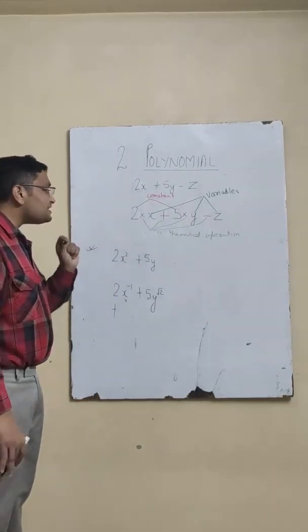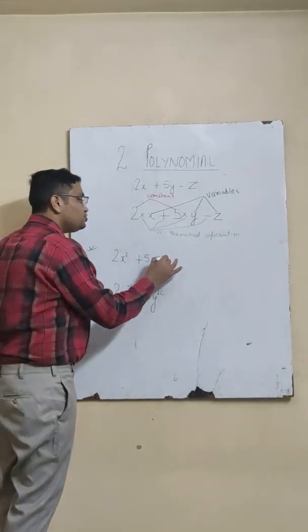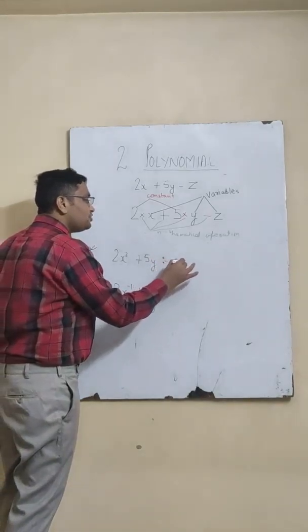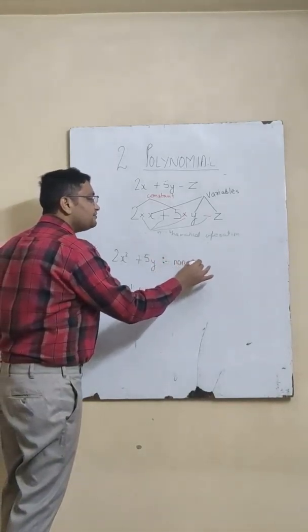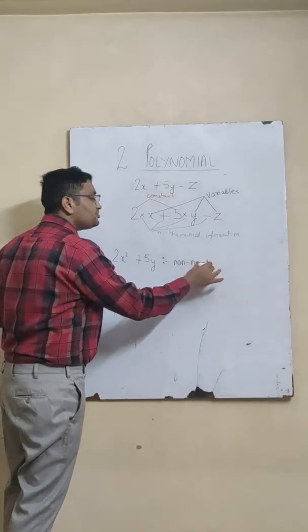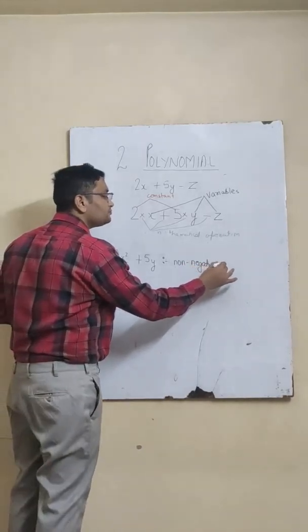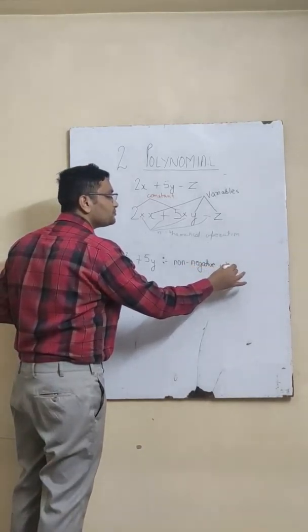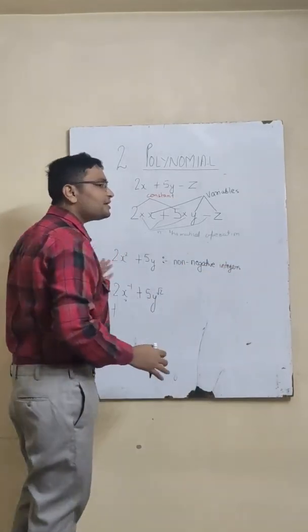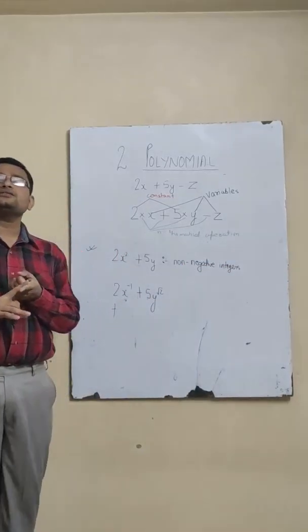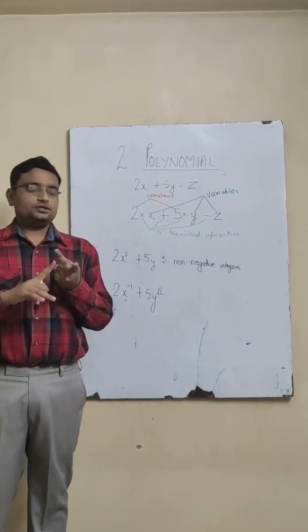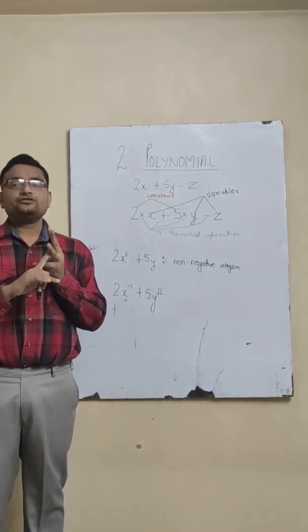If you see this algebraic expression, the power of the variable is a non-negative integer. Do you know integers consist of three things: negative natural numbers, zero, and positive natural numbers.